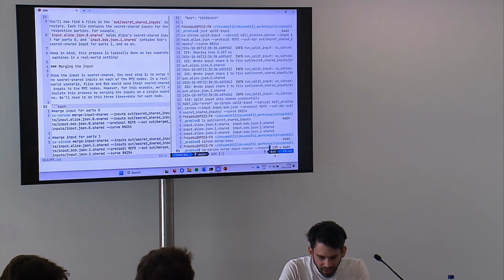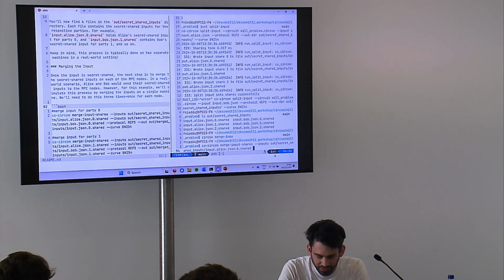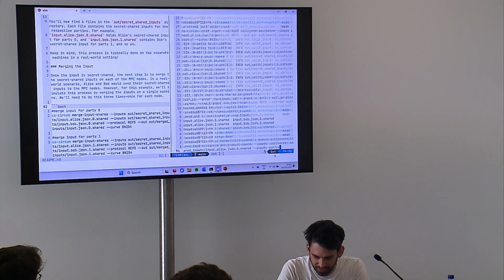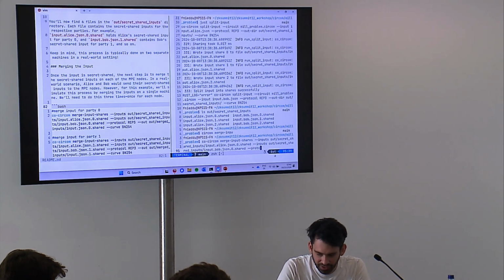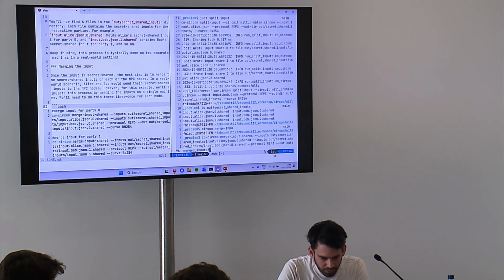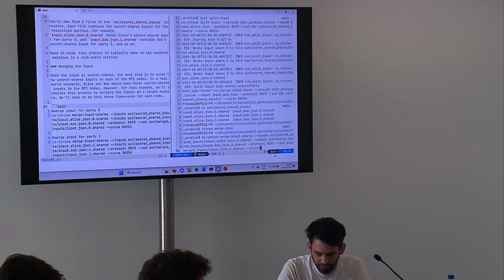The inputs are then the secret shared input for Alice, and then the input from Bob. We again use this replicated three-party secret sharing, and the same curve.